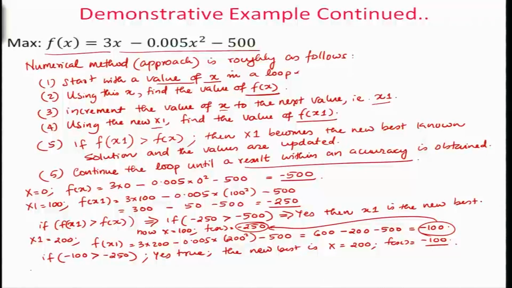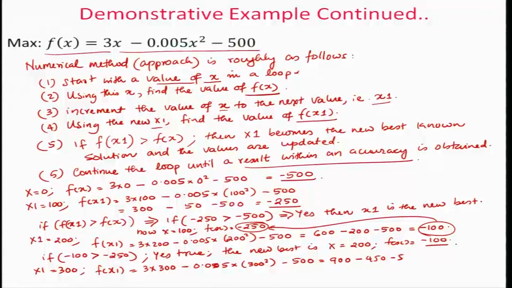Now, let us take x1 is equal to 300. Then f of x1 will be 3 times 300 minus 0.005 times 300 square minus 500. So, that will be 900 minus 450 minus 500, which will be minus 50.